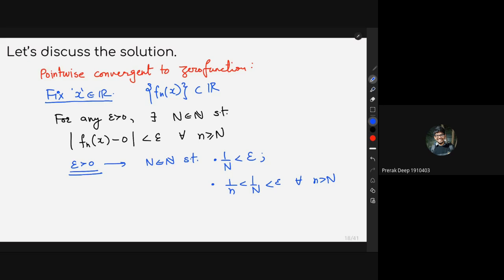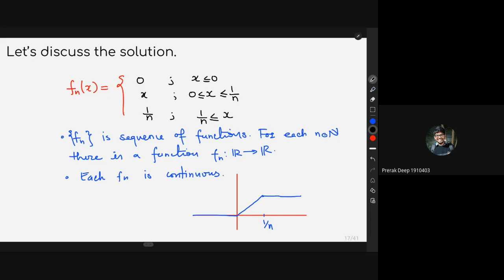Now, if I take any point x in R, since we have fixed a point in R, we know by definition that fn(x) will always be smaller than or equal to 1 over n, correct?